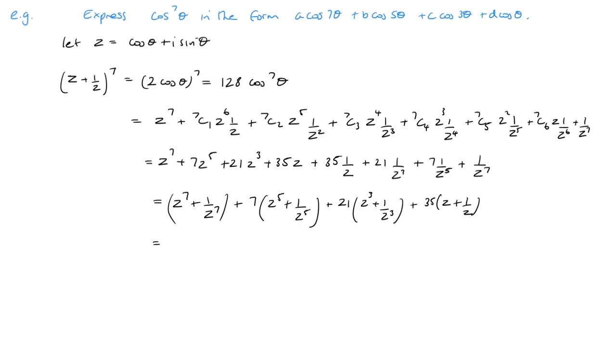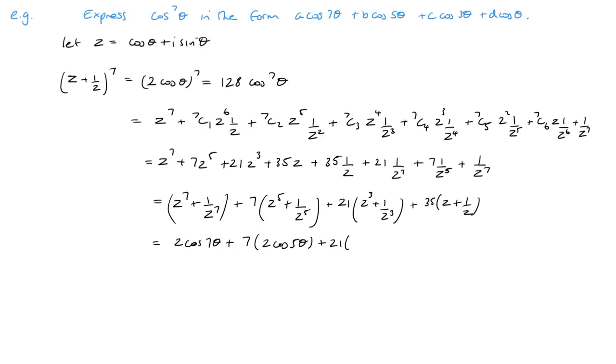Now, using the results that we just established, z to the power 7 plus 1 over z to the 7 is going to be 2 cos 7 theta, plus now 7 brackets, and z to the power 5 plus 1 over z to the power 5 is 2 cos 5 theta.